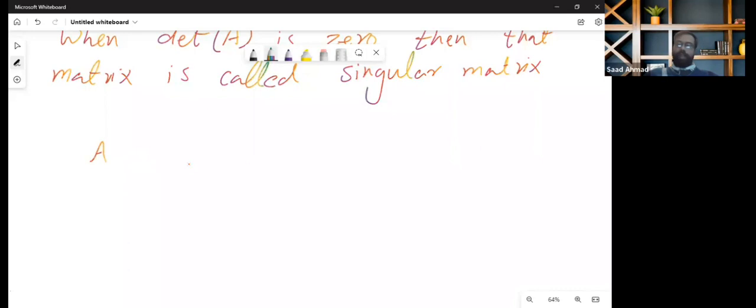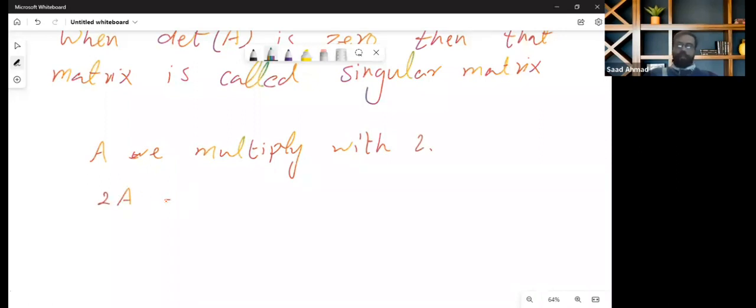We can multiply it with a scalar number. Let's say we multiply it with 2. Then it will become 2A, all right, like that.